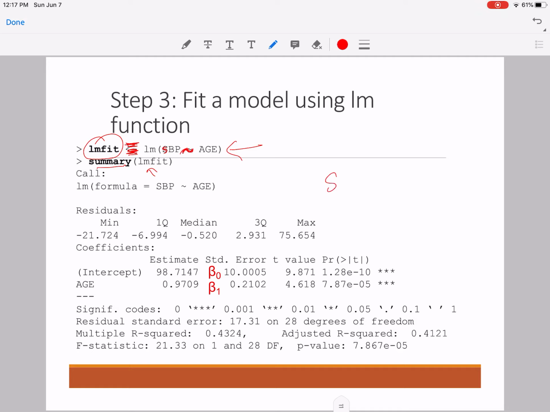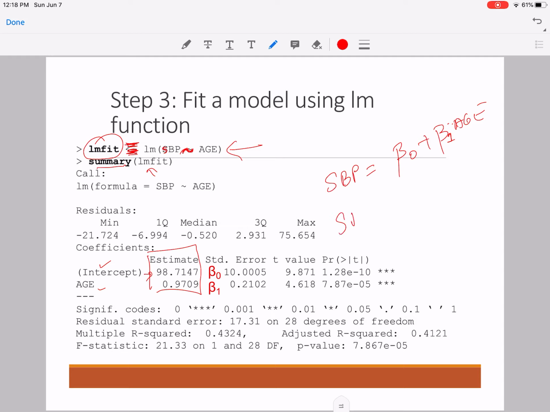After all, you're trying to fit a model which is SBP equals beta naught plus beta 1 times age. So when you look into this model summary, you'll see these terms, intercept and the variables like that. The estimates column gives you the beta naught and beta 1 values respectively. So 98.71 is the intercept and 0.97 is the slope.